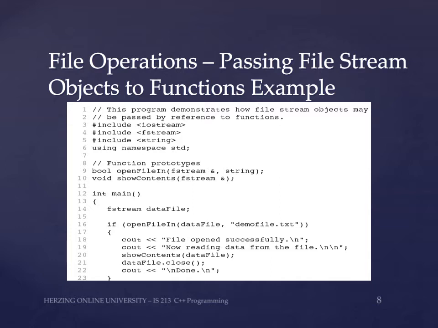We have two. We have openFileIn, which takes an fstream and a string data type as arguments. Also, we have the showContents function prototype. Notice the cout statements being used here, and close property of the data file fstream.